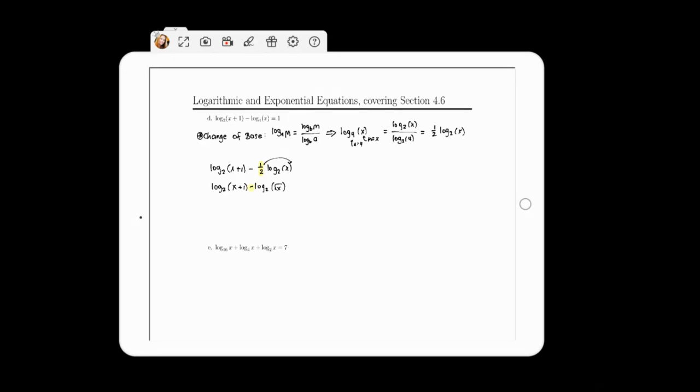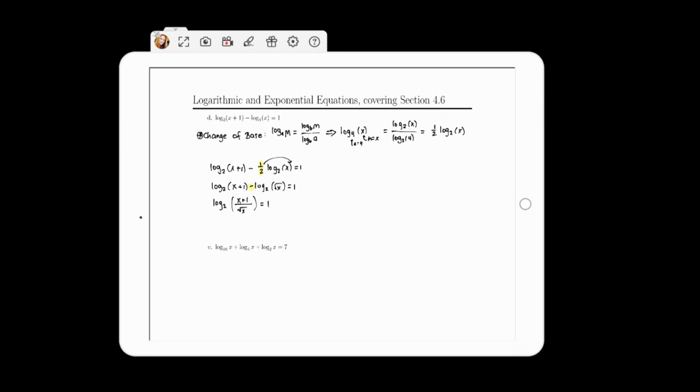And now we can take the two logs into 1, noticing carefully that we have subtraction, which will turn into division. So I have the log base 2 of (x plus 1) divided by root x, and this is all equal to 1. That never changed. All I've been doing this whole time is rewriting the left-hand side.